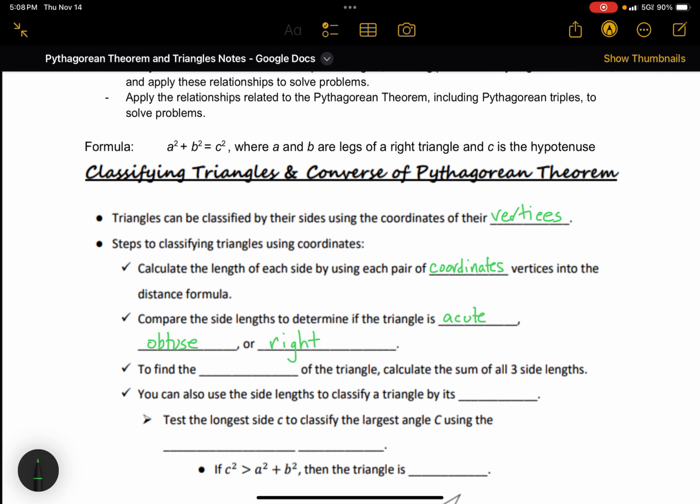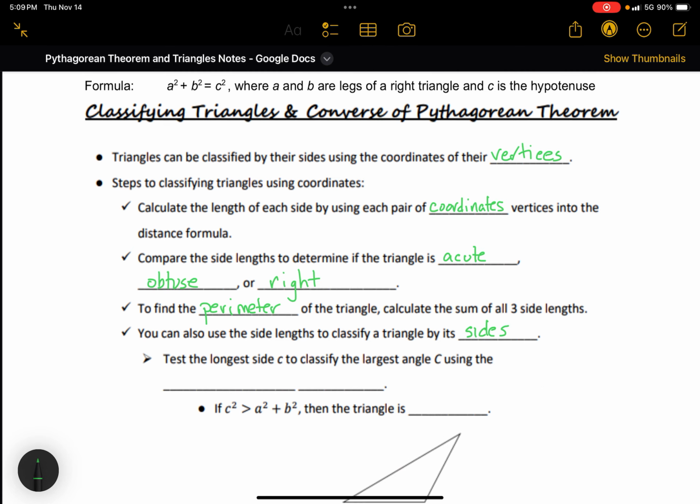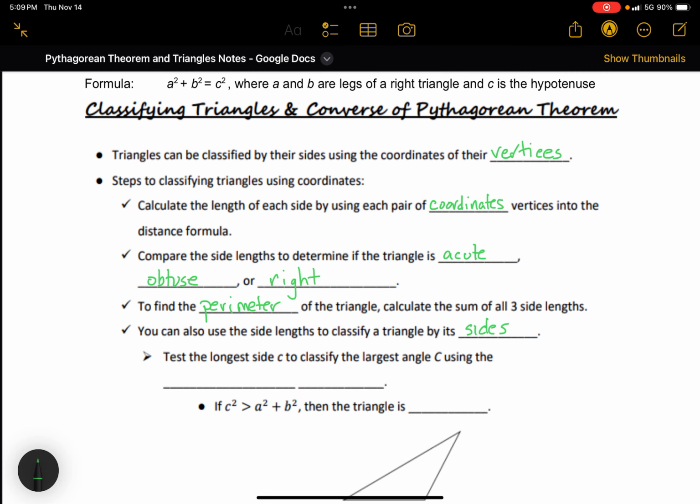To find the perimeter of the triangle, we add up all three sides, and we can also classify a triangle by its sides. We talked about that and the perimeter thing in another unit. To test the longest side C to classify, we're going to use Pythagorean.